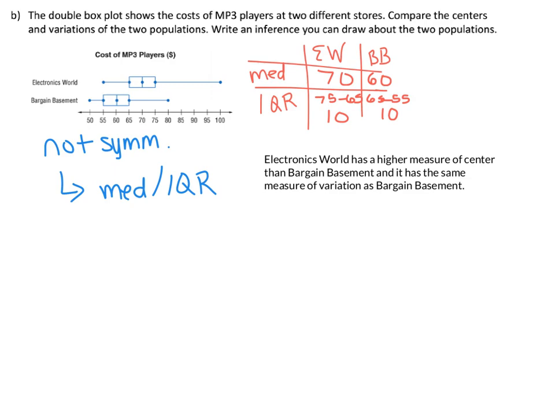So if you were to look at this plot, which one would you say costs more? Looking at it, I can see how electronics world definitely is higher than bargain basement. Most of the data is well above bargain basement. So let's add that information in. So this is our inference.